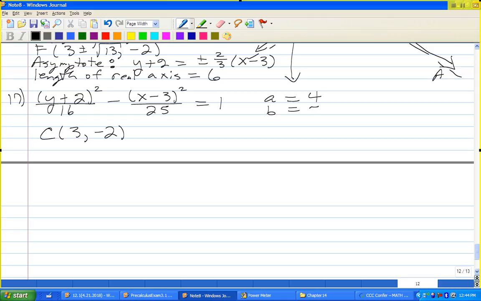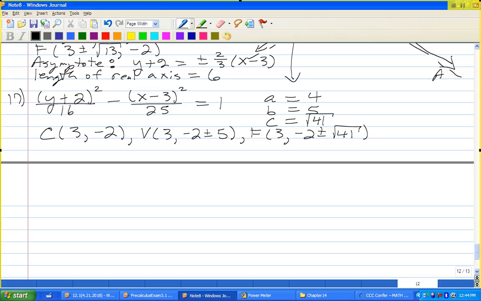B is 5. C, 16 plus 25 is 41. Square root of 41. So your vertices are at the y is positive. So 3, -2 plus or minus 5. Foci are at 3, -2 plus or minus rad 41.